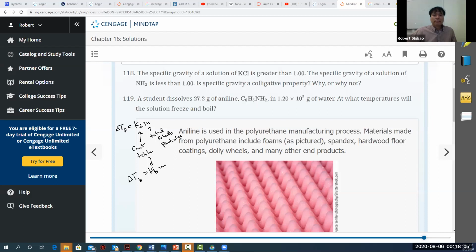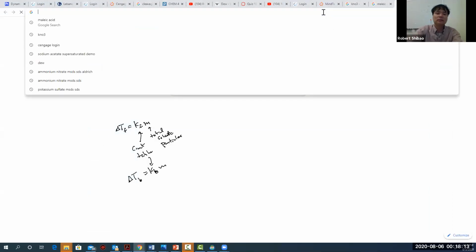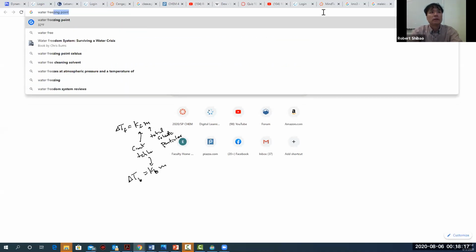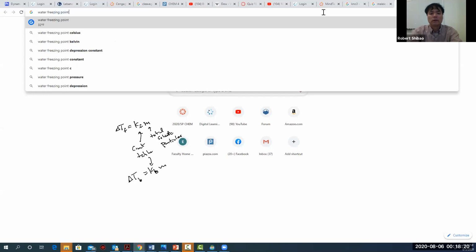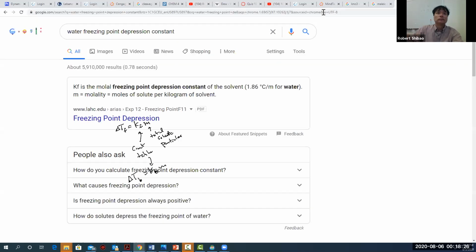It's called the freezing point depression constant for water: 1.86 degrees C per molal. That's K_F.